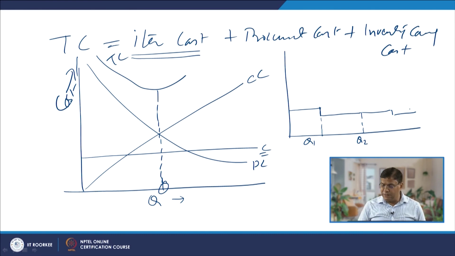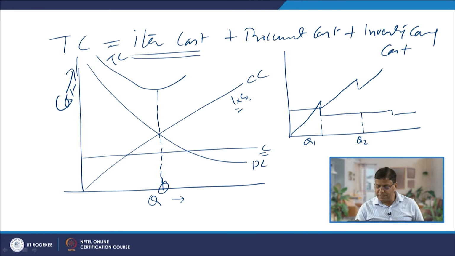Since the carrying cost is directly linked with I into C, and C is getting reduced, even for the given value of the inventory carrying cost in terms of the percentage I value, since C is reducing, IC will also be reduced like this.